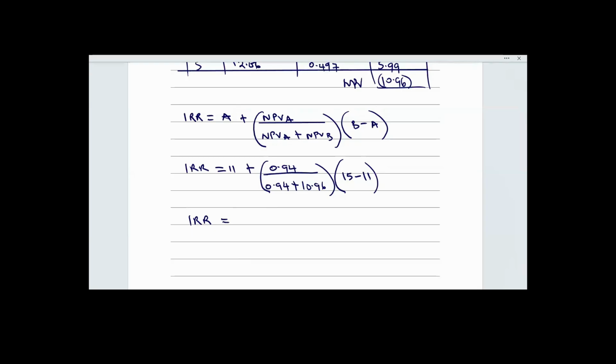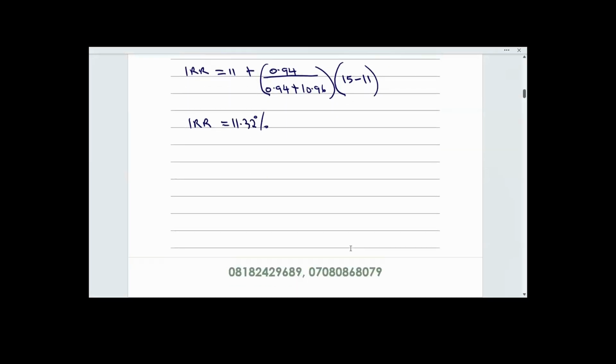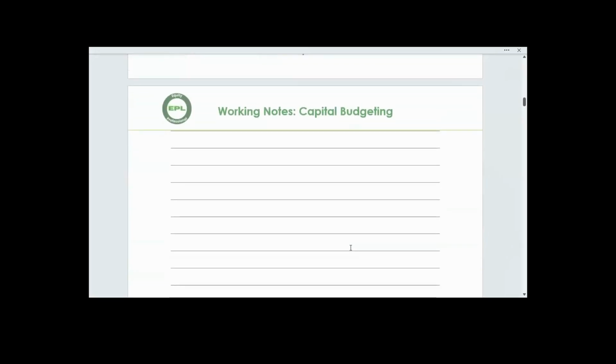The denominator is 0.94 plus 10.96 equal 11.9, therefore 0.94 divided by 11.9 equal, then multiply by the difference between 15 and 11, which is 4, plus 11. 11.32 is the internal rate of return, 11.32%.